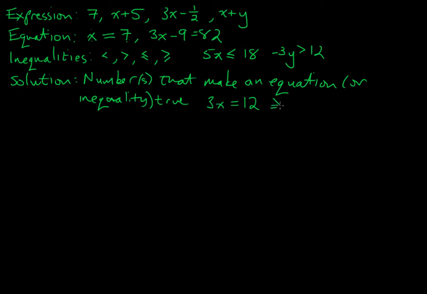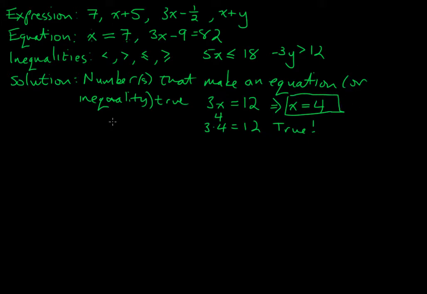Well, that means x has to be 4, of course. So if I plugged in 4 for x, I would get 3 times 4 equals 12. Yes, that's a true statement. Hooray, right? So 4 is a solution. So x equals 4 is our solution.